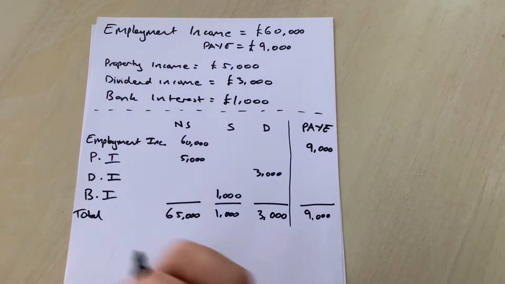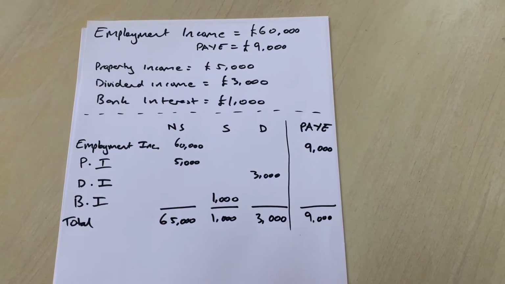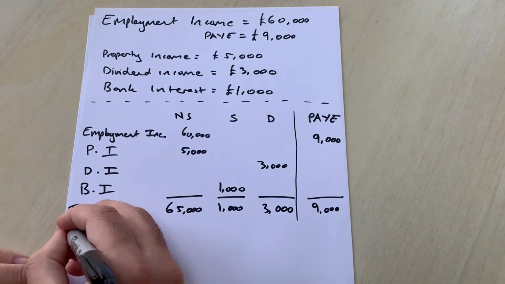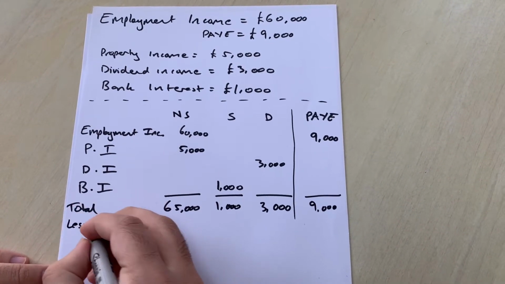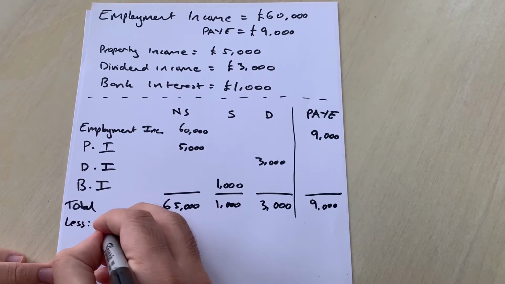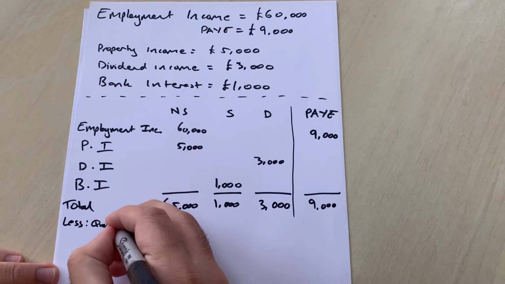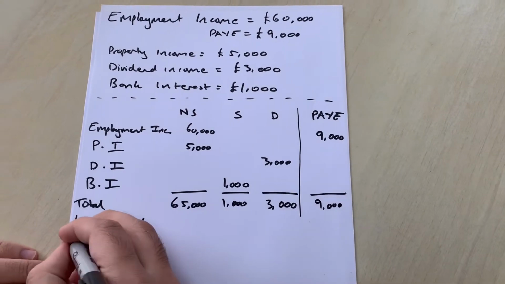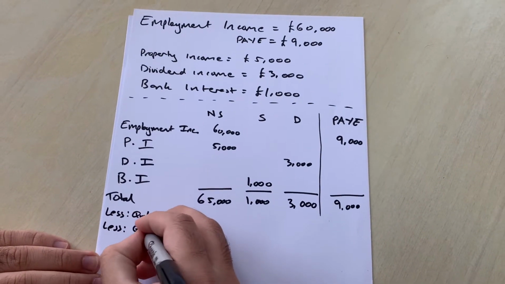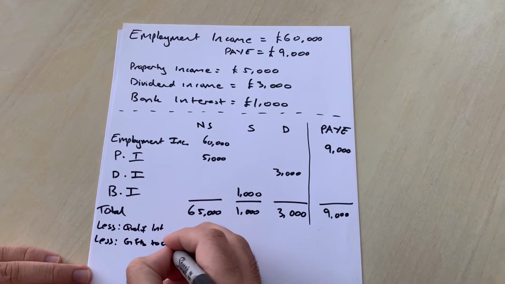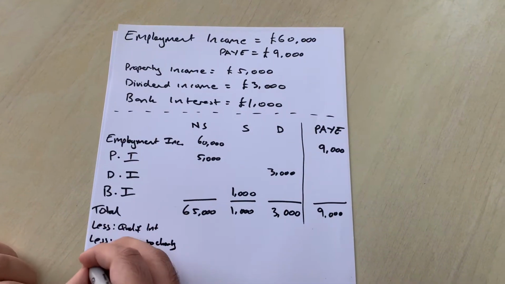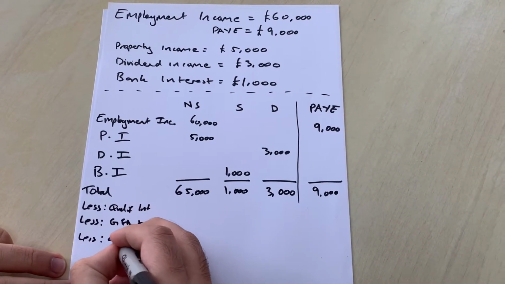Now, in more complicated examples, which I won't touch on in this one, but I'll add for completeness, is less qualifying interest, and then you have less gifts to charity, and then you have less any losses.